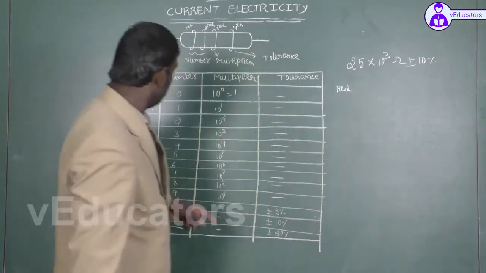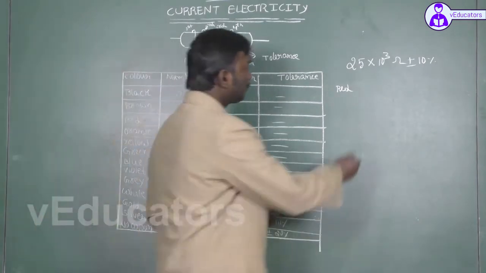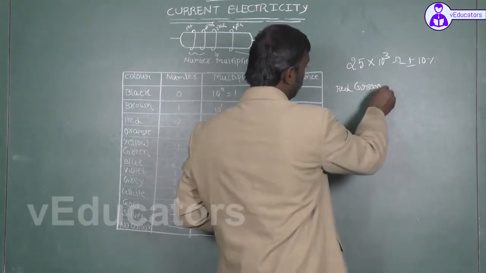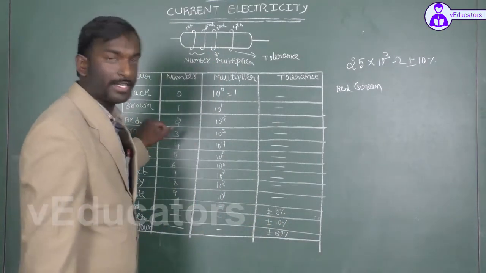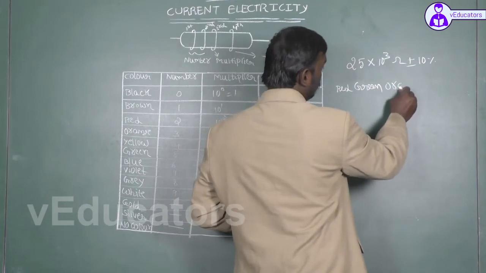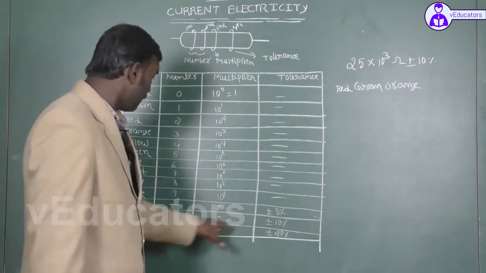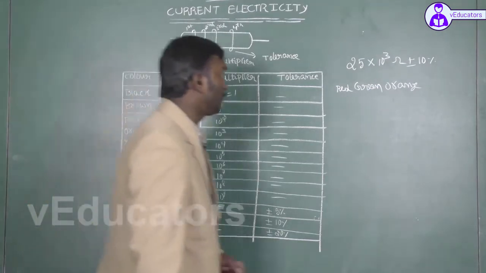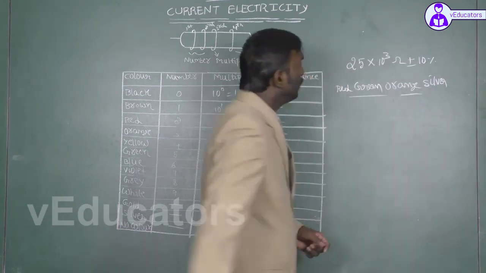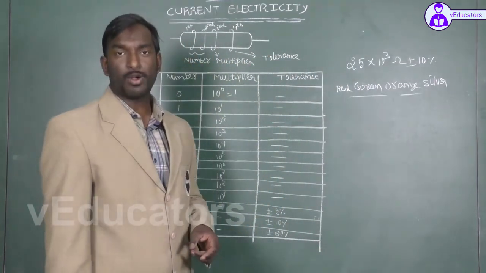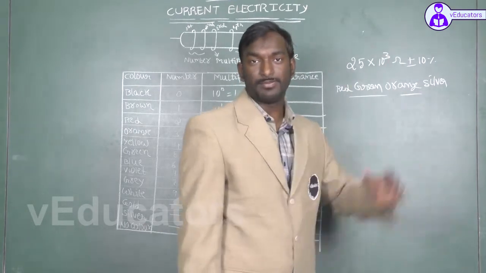The second, 5, is green. 10 power 3 is orange. Plus or minus 10% tolerance corresponds to silver. It means 25 kilo ohm plus or minus 10% is red, green, orange, silver.